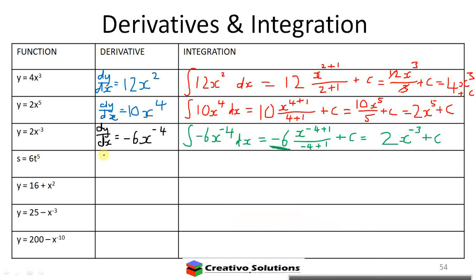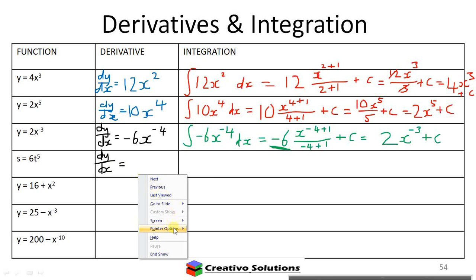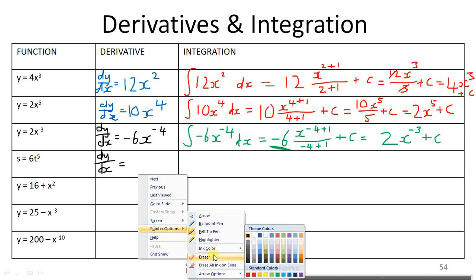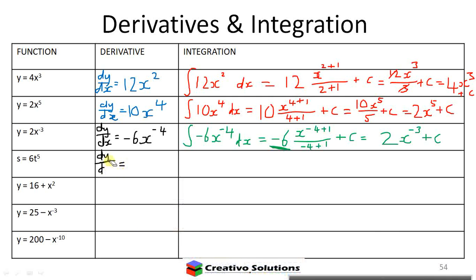Yes, obviously derivative first, just to practice that. Ooh, be careful here. I wrote dy over dx, that's not right. You don't have y and x, you have s and t. So notation wise it would be ds over dt.